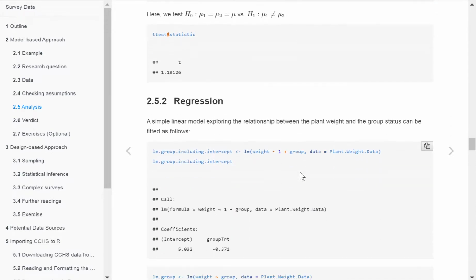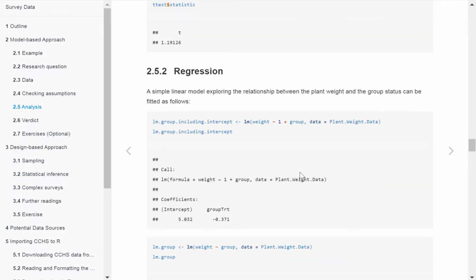And of course you can do the same test in a slightly different way. Instead of comparing the means, you can simply check the slope of this group in this regression, and say for example here weight is the outcome and group is the independent variable that is explaining your weight.